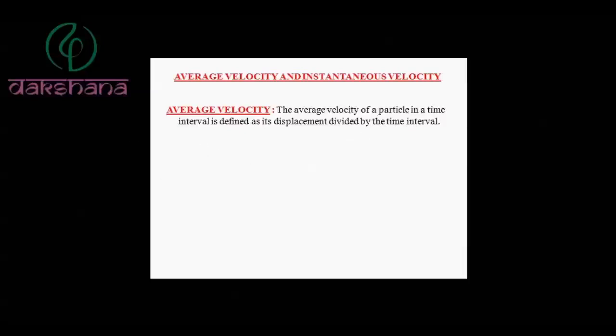Say the displacement covered by a body is delta r, or I can write it as from a to b, that is position vector rb minus position vector ra.